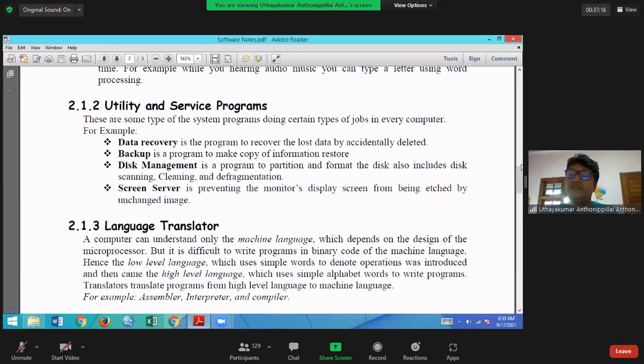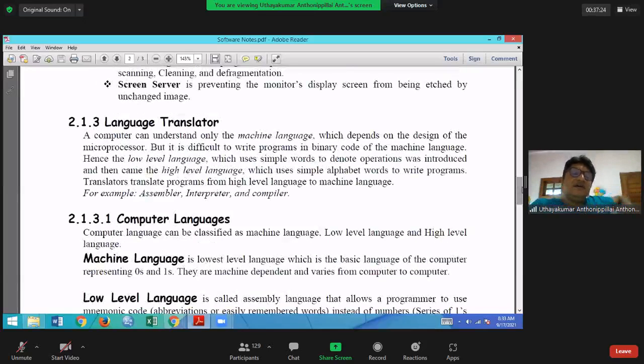So next one, the language translator. A computer can understand only machine language, right? So what is machine language coding? Humans know decimal numbers, the ten digits, but the computer only knows machine language.